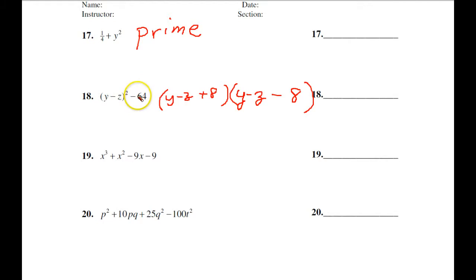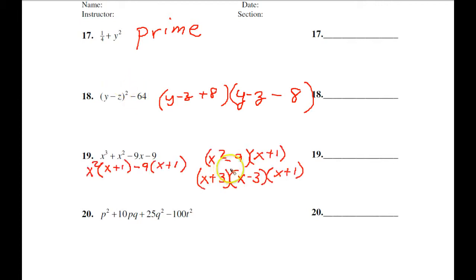Now, in number 19, as I look at that, let's see if we can figure something out. Now, as I looked at this, I saw there were 4 terms there. Well, what method did we have in the past when we had 4 terms?